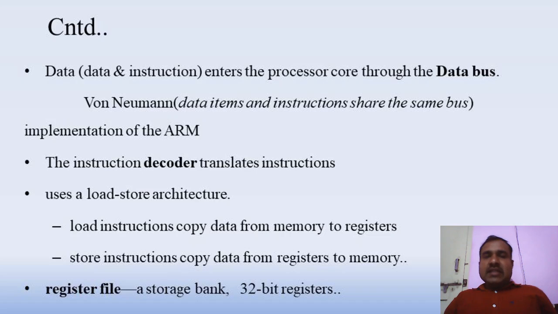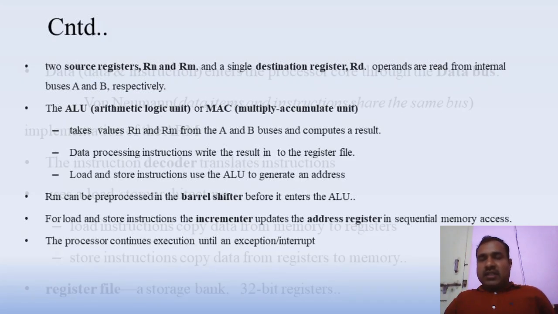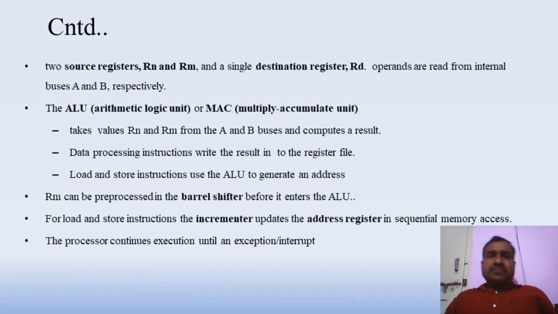So there is a register file which is the storage bank, with all the registers being 32-bit, and two source registers, Rn and Rm, and a single destination register Rd, and operands are read from buses A and B. So ALU and MAC perform many operations, take Rn and Rm from A and B and compute the result, and data processing instructions write the result into the register file.